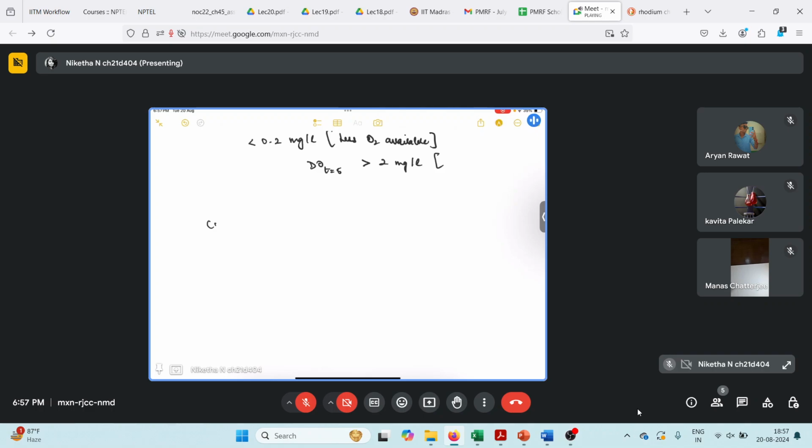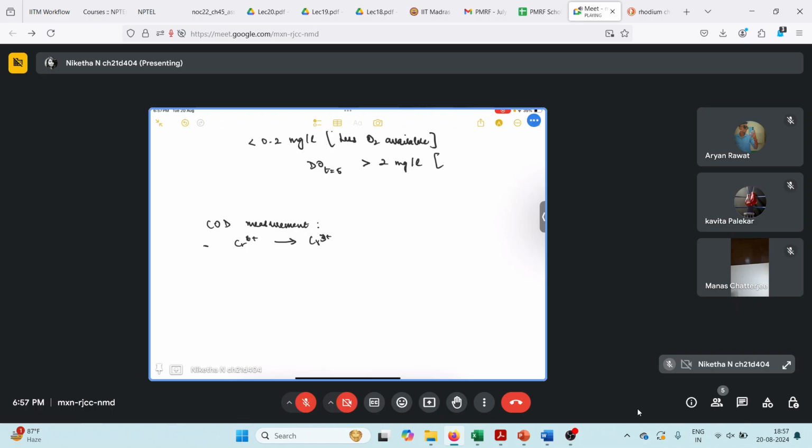So then we will see about COD measurement. The basic principle behind this is the organic compounds will get oxidized in the presence of dichromate and sulfuric acid, and once the oxidation of organics happens, whatever dichromate is there, which is in the form of Cr6 plus, will be reduced to Cr3 plus.